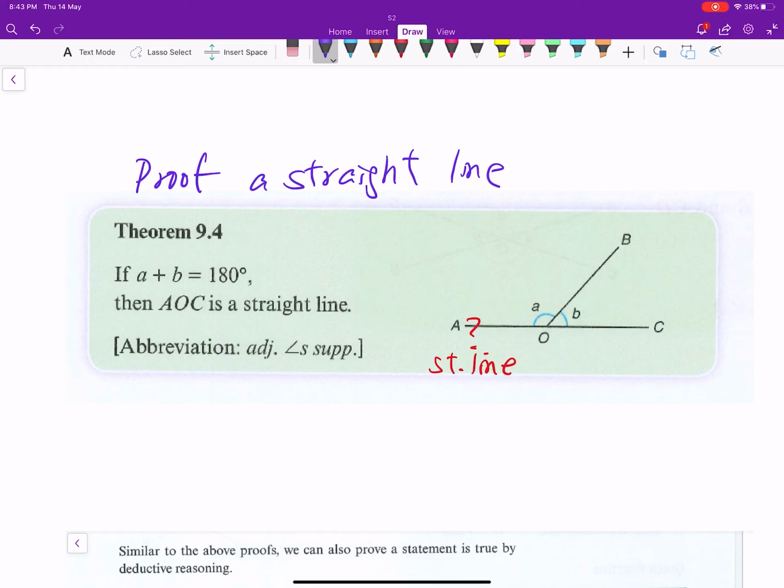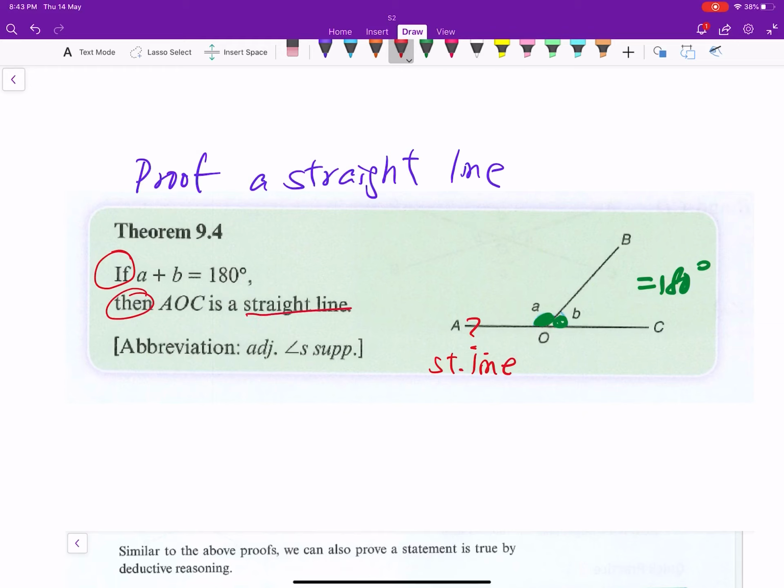We want to prove it. If we can calculate that A plus B equals 180 degrees after calculation, then we can draw a conclusion that AOC is a straight line.